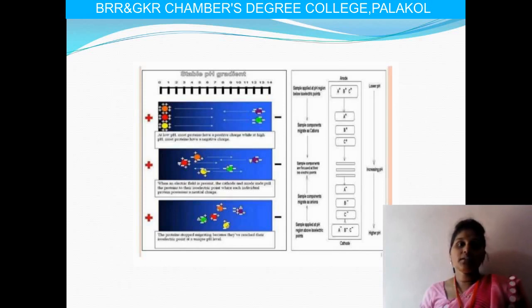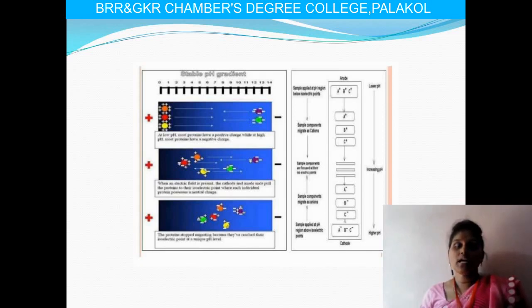This is the picture of how the molecules will be moved from one place to another based upon their electrophoretic mobility. They will be charged and moved from one place to another based upon their pH. The molecules which are at the stable pH will stand in the middle portion of the system.